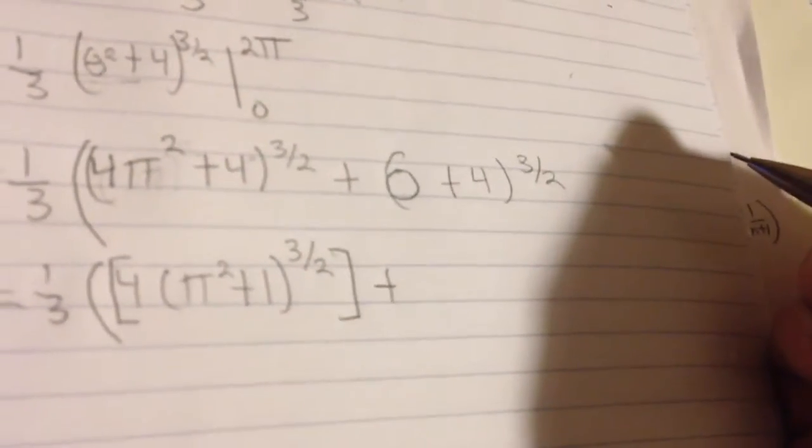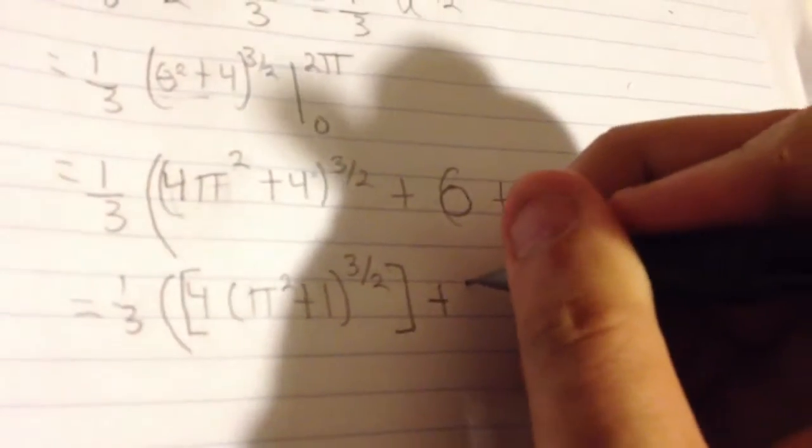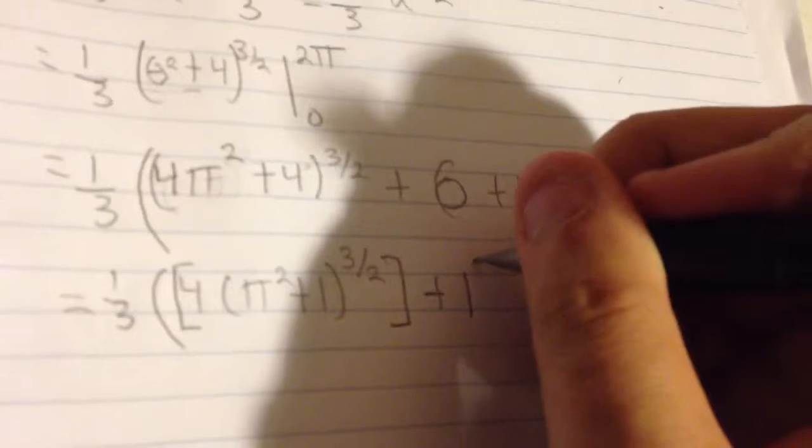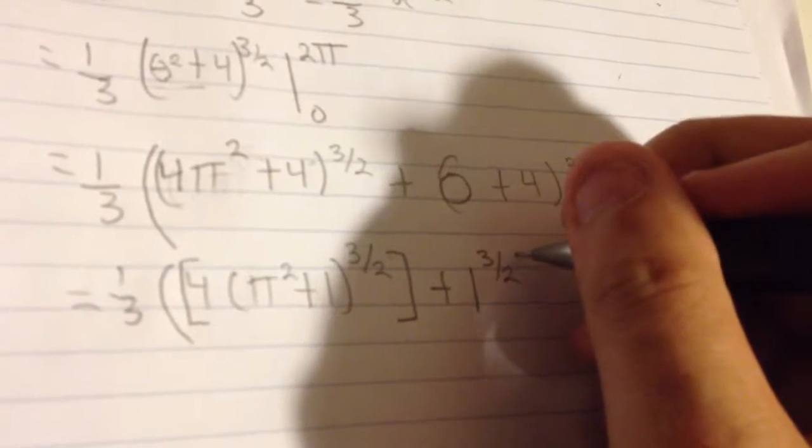And that just becomes 0 plus 4, which is obviously 4. We're factoring a 4 out of that. So that becomes 1. That's 1 to the 3/2. That's obviously going to just become a 1.